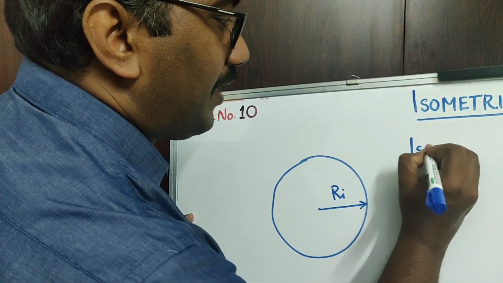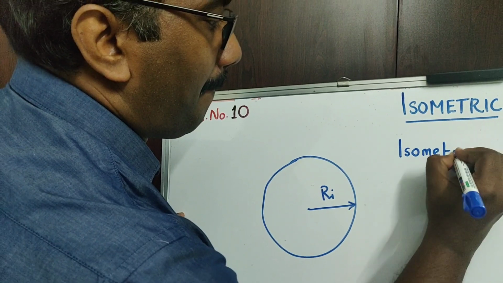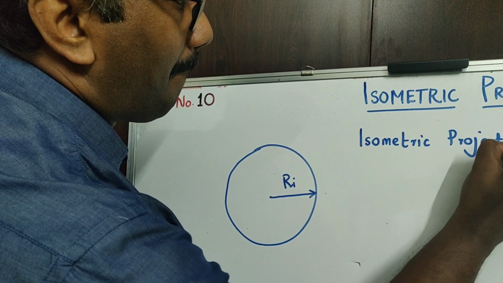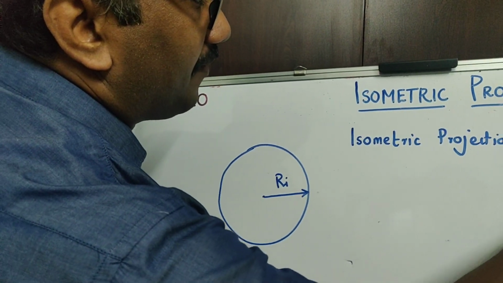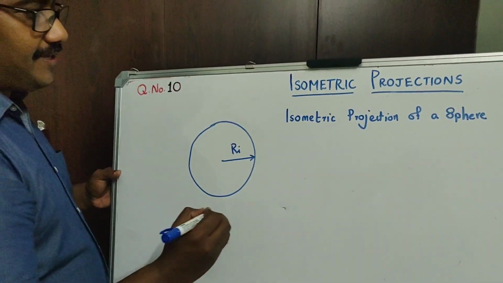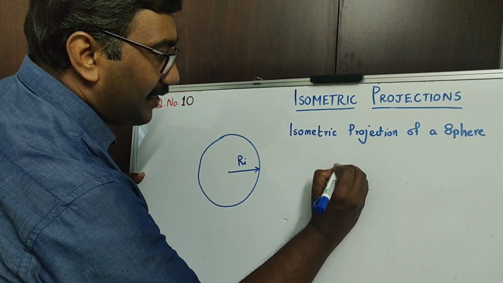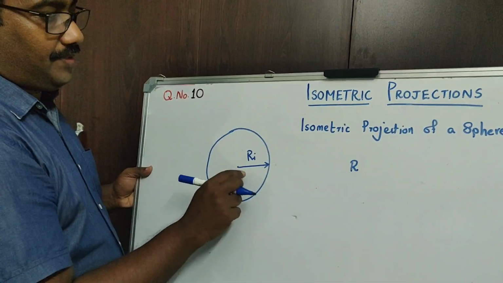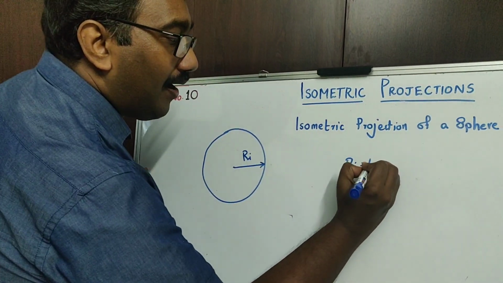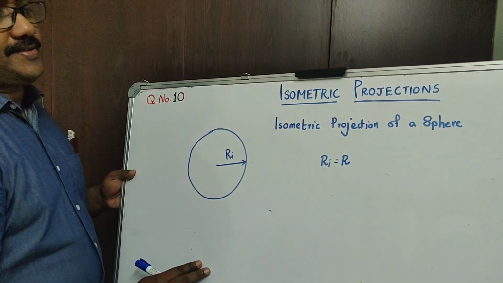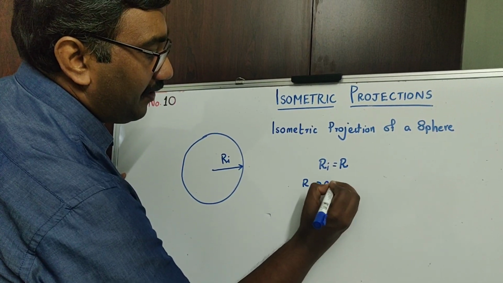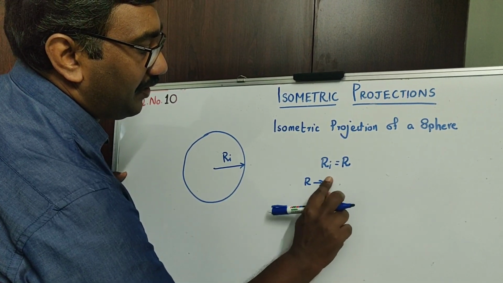If it is isometric projection of a sphere, this isoradius will be equal to R itself, that is, the original radius of the sphere, where R is the original or actual radius.